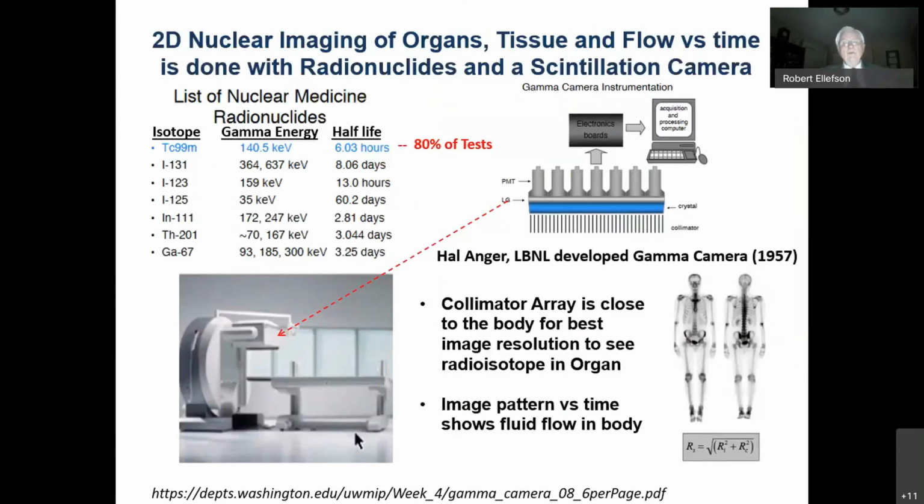Let's go on to a new area, which is two-dimensional nuclear imaging of organs, tissue, and flow versus time. And this is done with radionuclides and a scintillation camera. The list of nuclides is given here on the left.